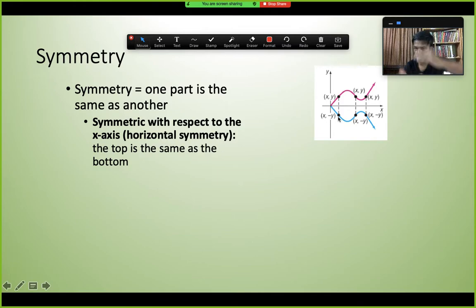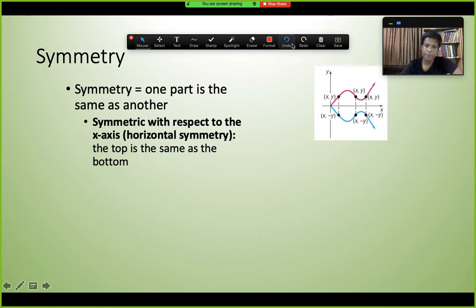If you fold this paper about the x-axis, they will fall on one another. Okay, that's why it is x-symmetric. And notice that for x-symmetry, the x value remains the same, the y value becomes minus everywhere.